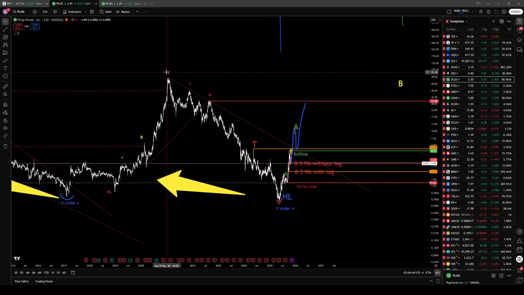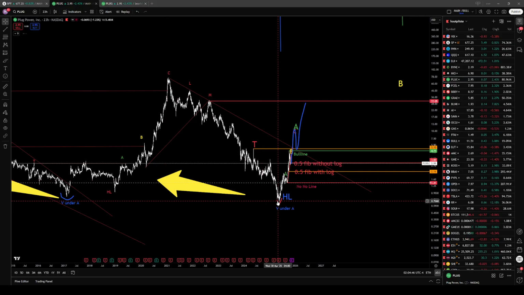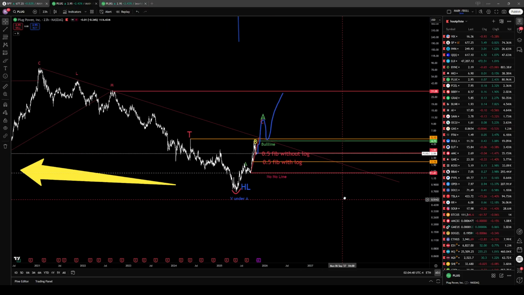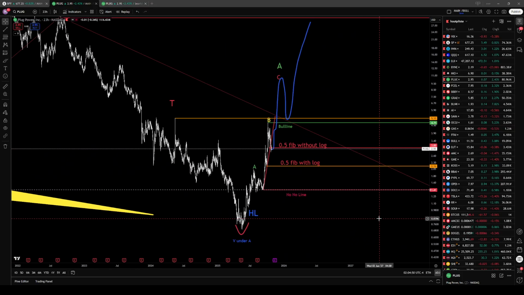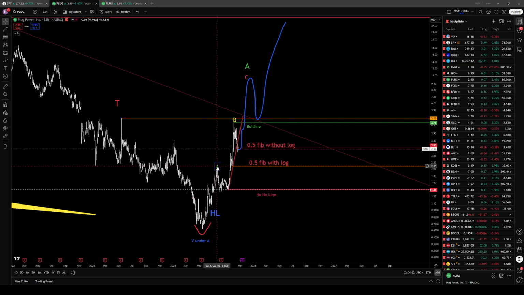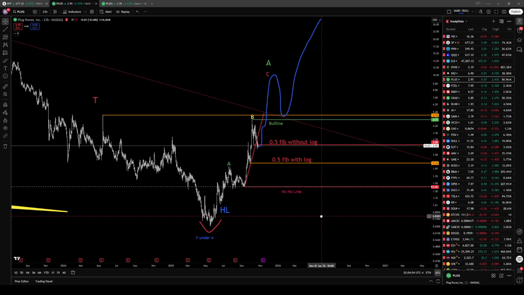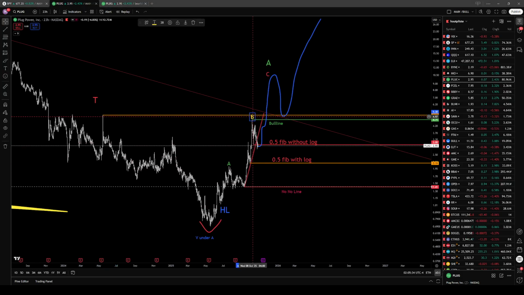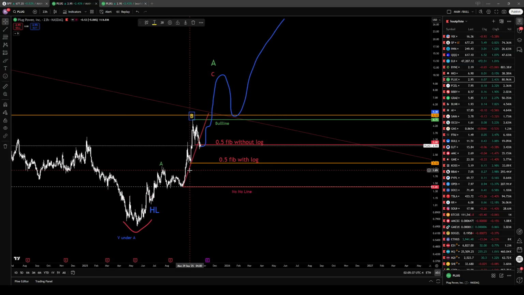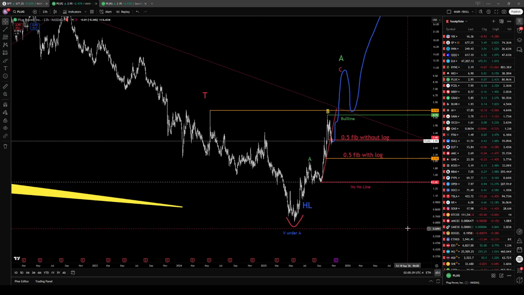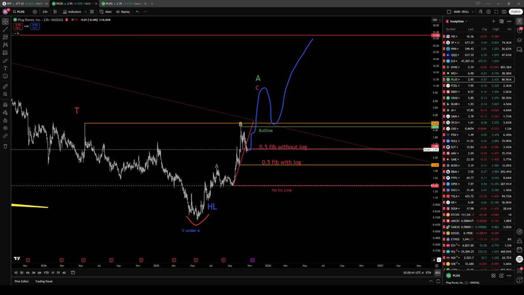We came from our little C to our perfect V and A. We already did our little A with the pullback, and for the bullish version, we already did our little B peak. And for the bullish version, again two ways.